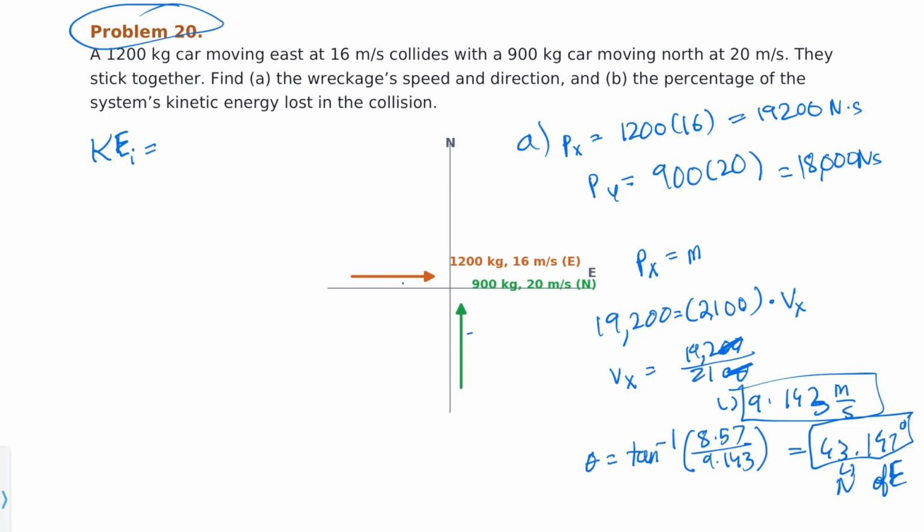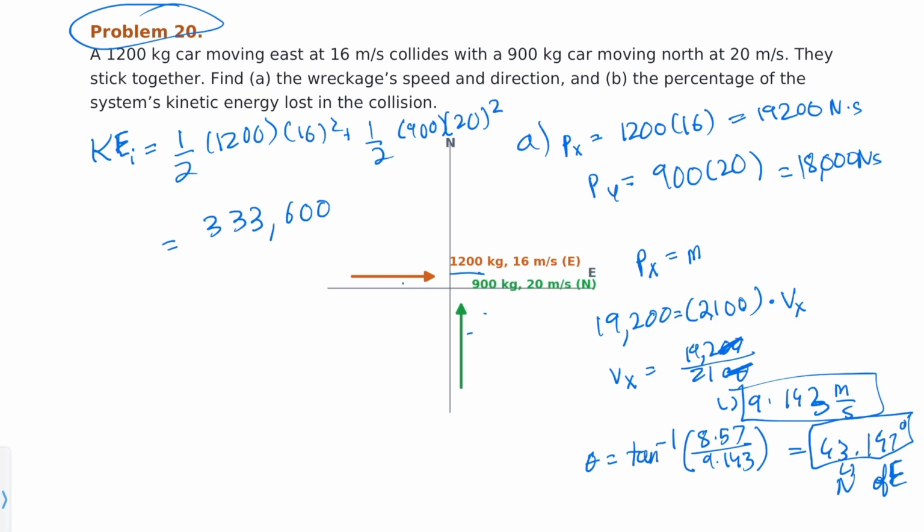The kinetic energy of this car, 1/2 times 1200 times 16 squared, plus the kinetic energy of this car, 1/2 times 900 times 20 squared, which is equal to 600 times 16 squared plus 450 times 20 squared, or about 333,600 joules.